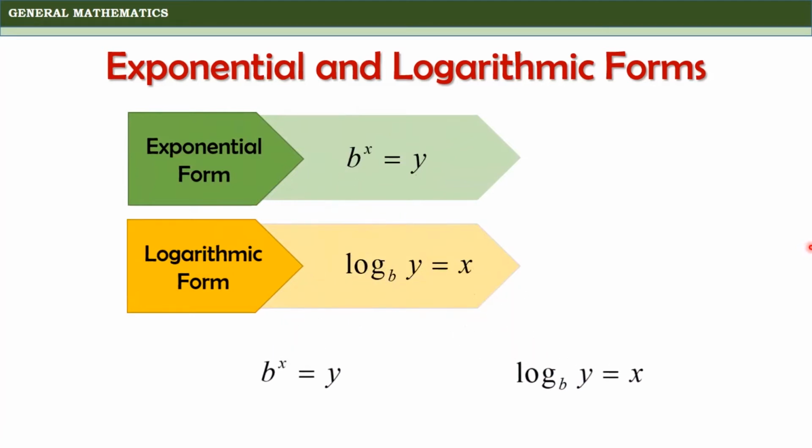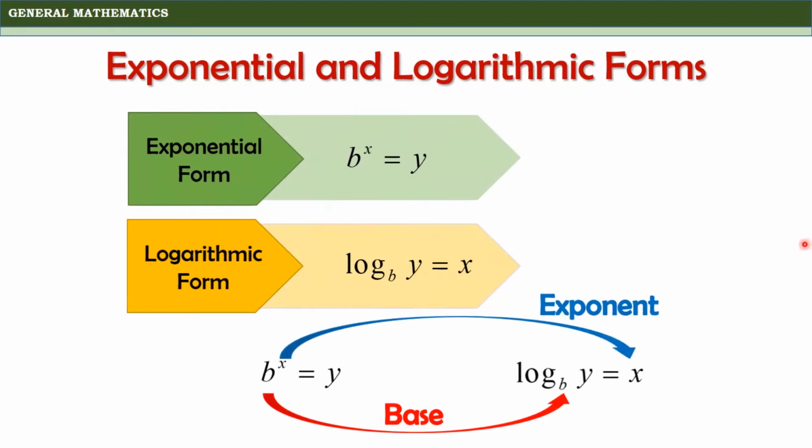Having these two forms, notice that the base is written as a subscript of the logarithm. The exponent x will be written on the other side of the equation, and the power y will be together with the logarithmic expression.